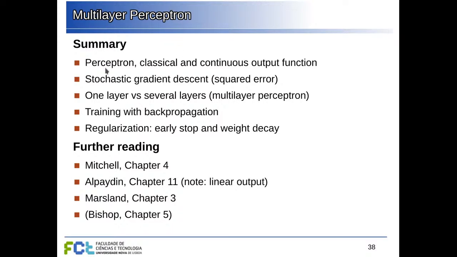So we saw the classical idea of the perceptron and how we can join these neurons together in simple networks using backpropagation and stochastic gradient descent to find the best combination of parameters. And we saw how with several layers, or with more than one layer, we can now go beyond the linear classification capability of a single neuron, because each layer can transform the data in a nonlinear manner and feed into the next layer.